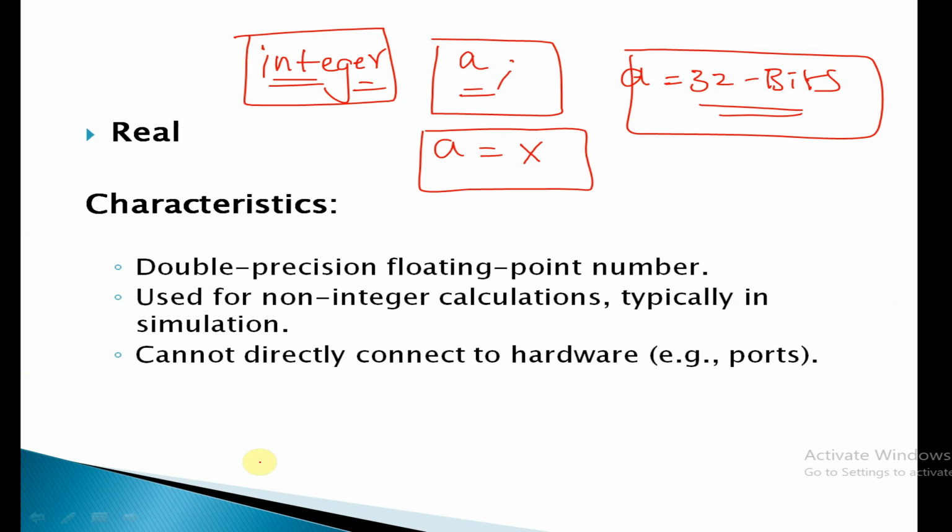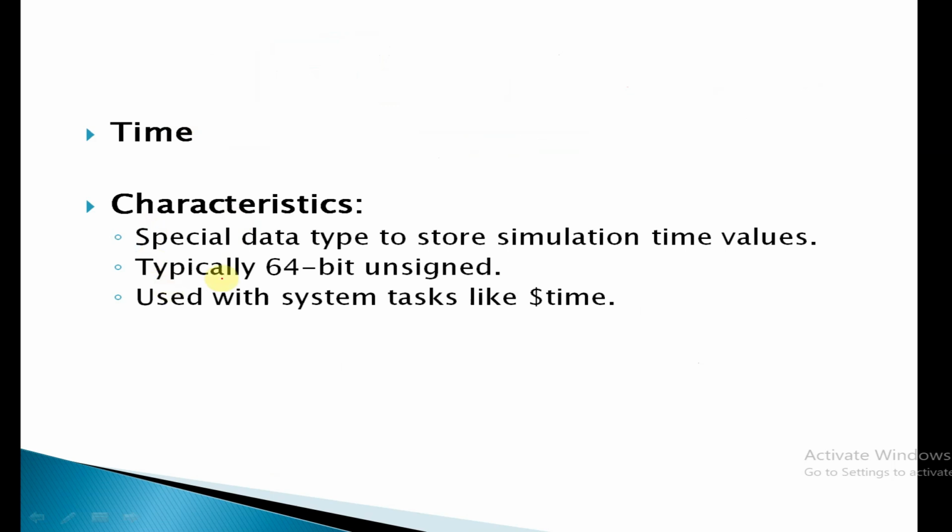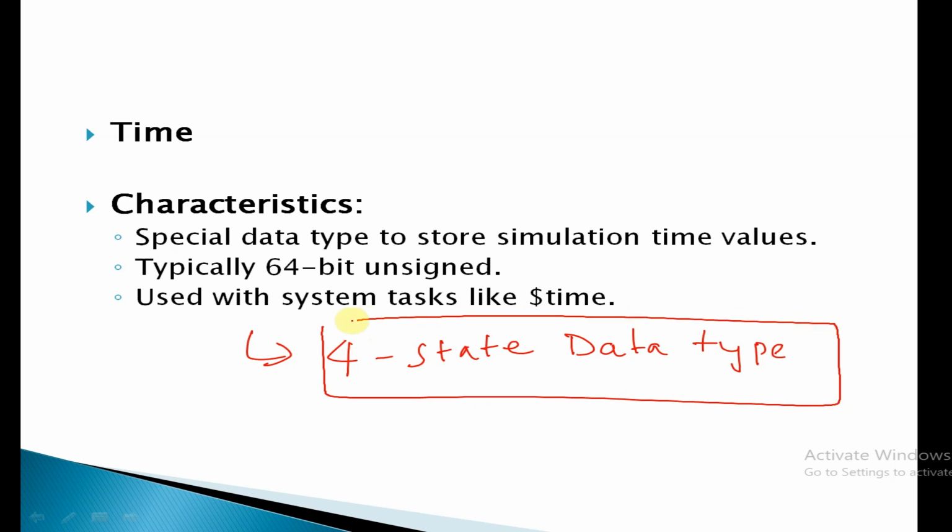And in SystemVerilog, we will discuss the two-state data types. So in Verilog, whatever we are discussing, these are all known as 4-state data types. What is meant by a 4-state data type? It holds 0, 1, unknown, and high impedance.